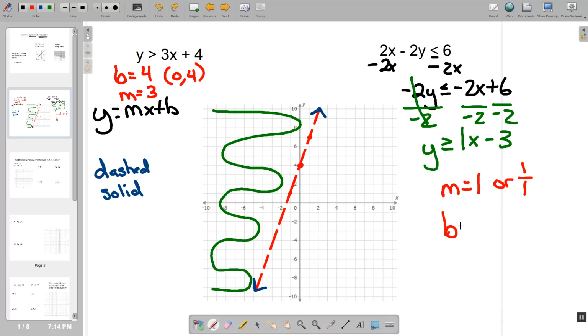And our b value is negative 3, which is the ordered pair (0, negative 3). And now I can graph the line, which is negative 3 with a slope of positive 1. I'm going to try to be real careful to get that line right.